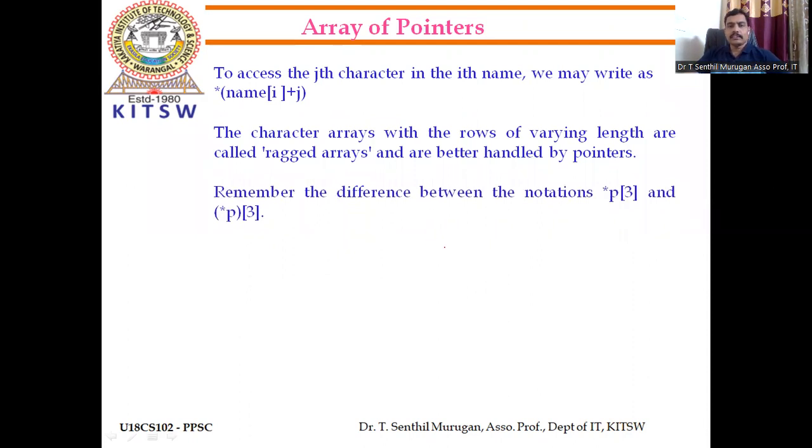So you must see the difference between asterisk p of 3 and asterisk p in brackets of 3. So what is the difference here?